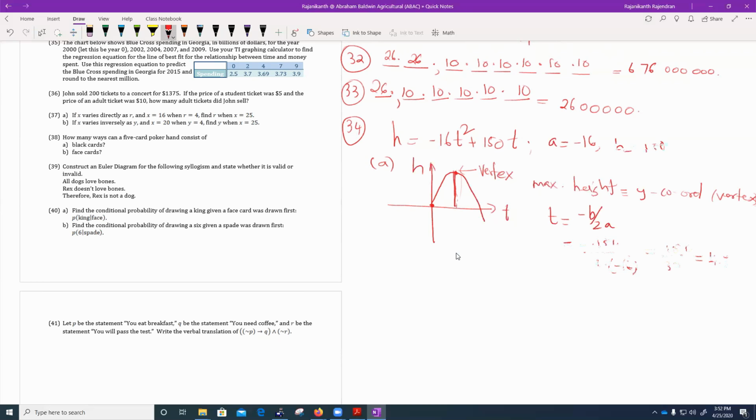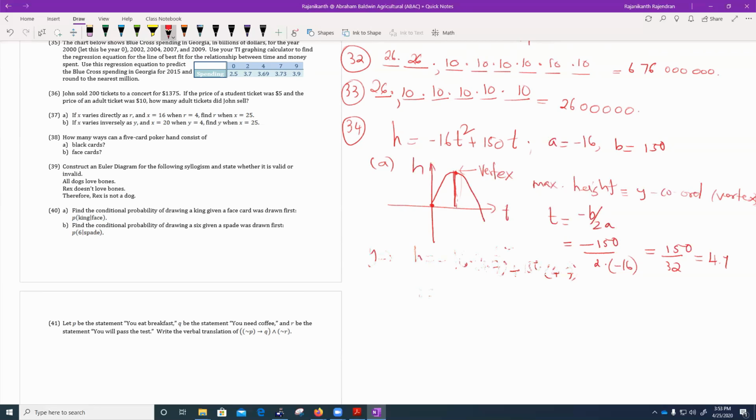But we need to find the y coordinate to find the maximum height. Therefore the y coordinate is simply my height. Replace t by 4.7 in your original formula and find the corresponding height. That is negative 16 times 4.7 squared plus 150 times 4.7.